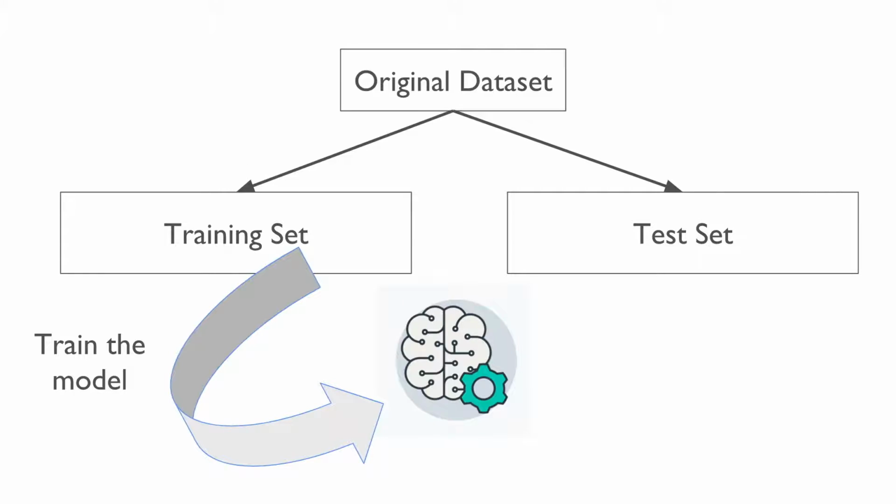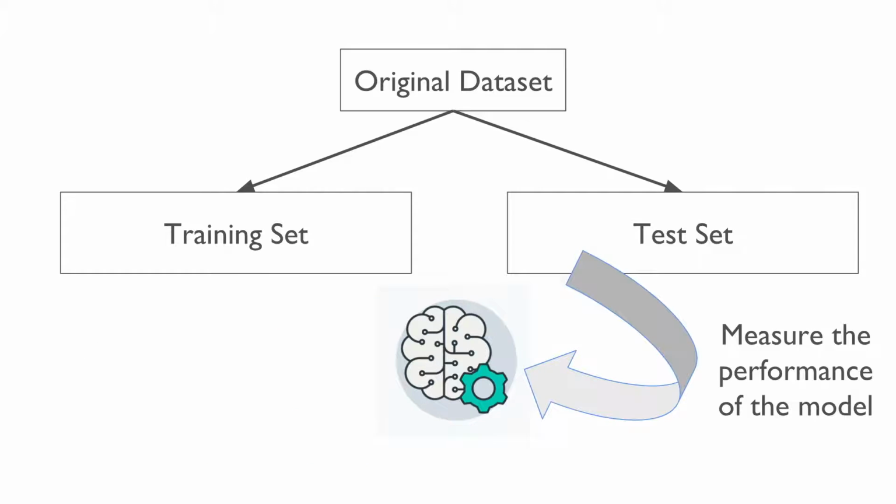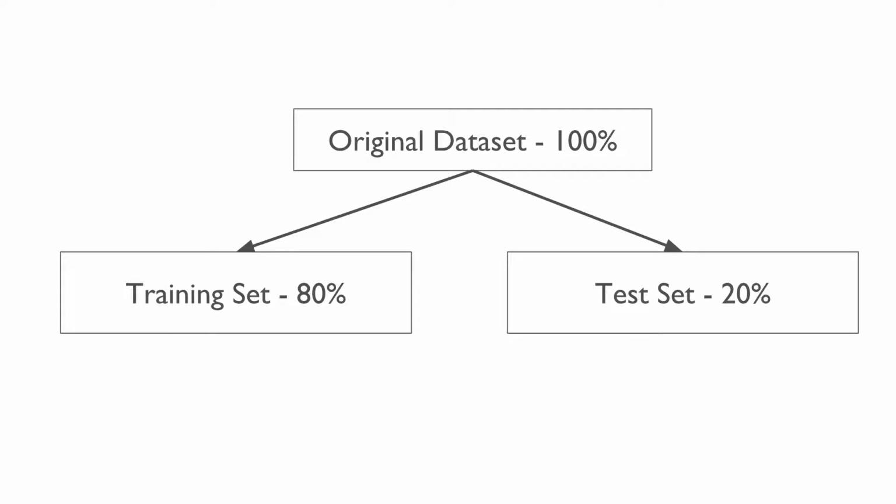Using the training set, we train the model, and using the test set, we measure how well the trained model is doing. Usually, we split the dataset into an 80-20 ratio, 80% for the training set and 20% for the testing set. Or in other words, we pick random 20% instances for testing and keep the remaining 80% for training.